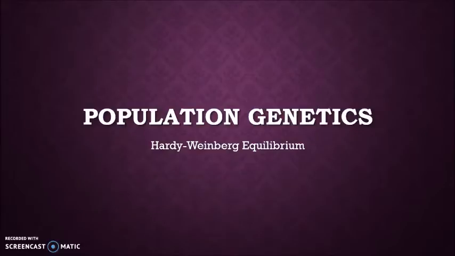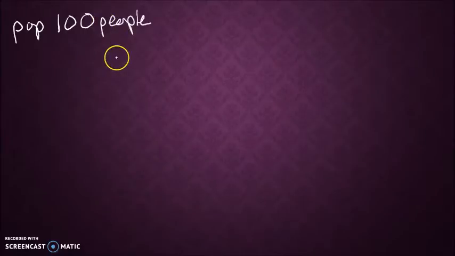So when we do this, we can't look at individual numbers. Instead, we need to be looking at frequencies or percentages so that we can compare one population to another. So let's say we have a population of 100 people, and we're going to just use the letter H here.